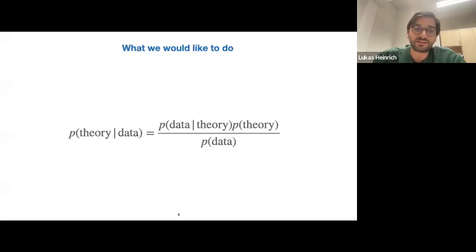And as physicists, what we would like to do is use the data to learn something about physical theory. If you take a Bayesian point of view, you can just write down Bayes' theorem, and we have our data generating mechanism. So we have the data given theory, and our theorist friends.